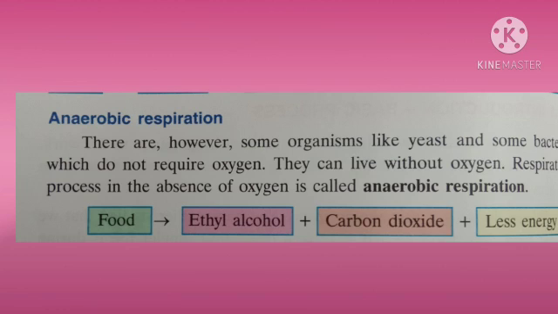This respiration occurs in the cell cytoplasm and the glucose molecule is incompletely oxidized into ethyl alcohol as in plants or lactic acid as in animals along with carbon dioxide.